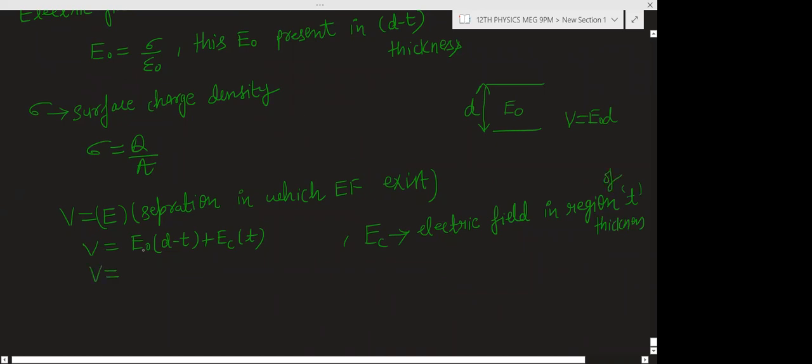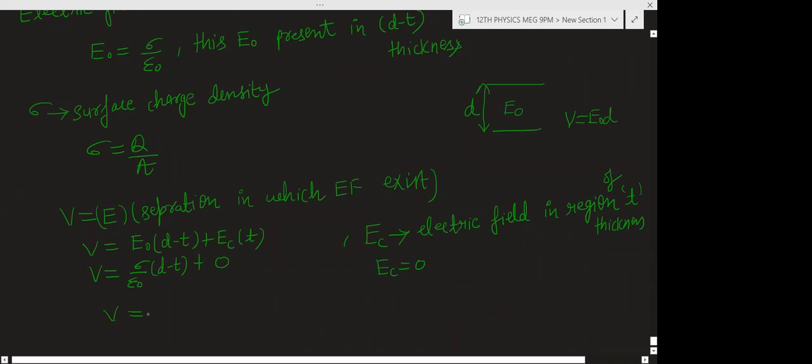So the total potential: E naught is sigma by epsilon naught times d minus t, and EC is 0. The electric field inside the conductor is 0, so this whole term becomes 0.